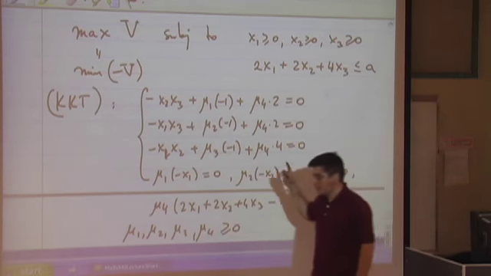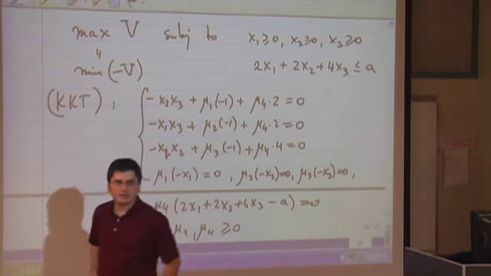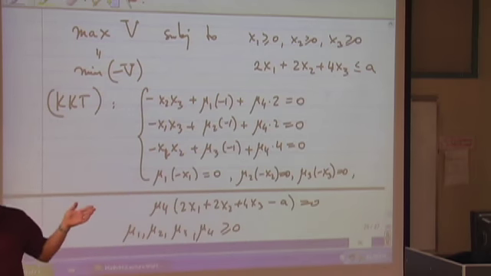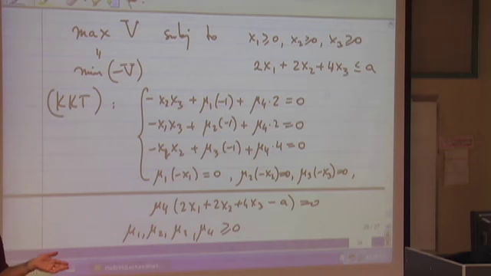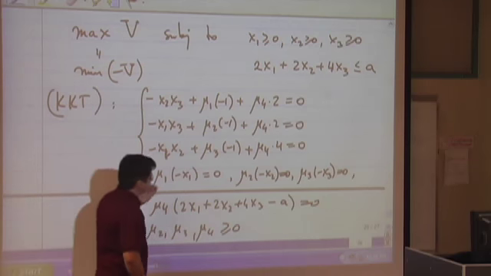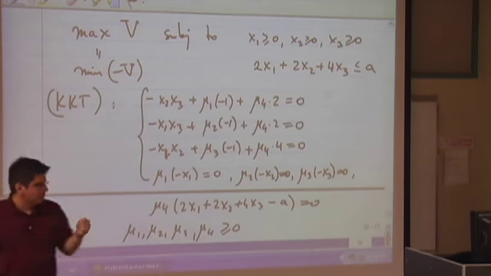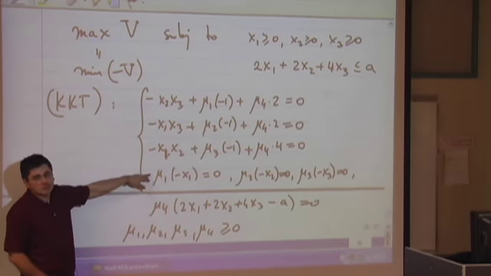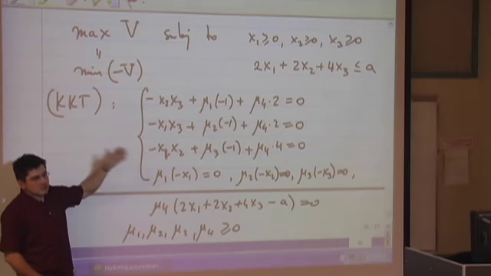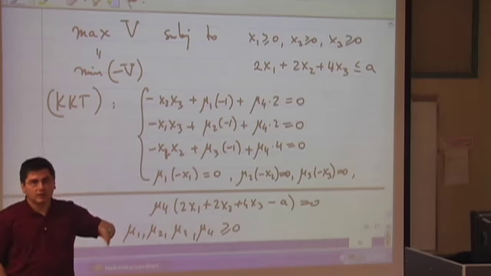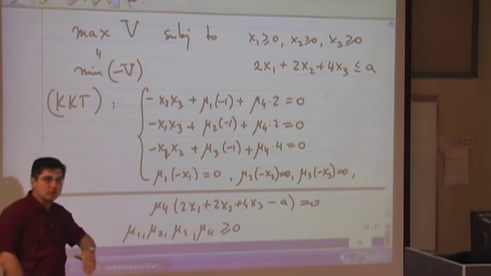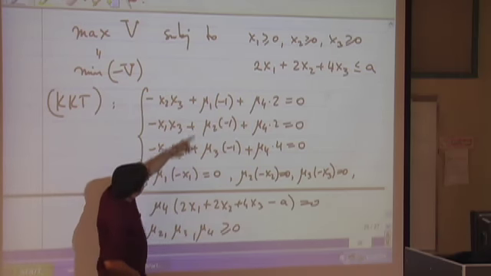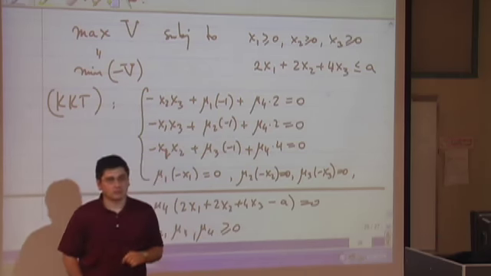At first glance, it seems like we just have lots of equations, lots of unknowns. What is the strategy, actually, of solving this thing? The strategy relies here in this mu times g equals 0. Basically it says some of the mu's have to be 0, and if a particular mu is not 0, then the inequality has to be an equality.